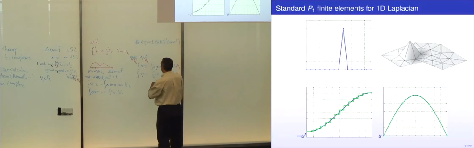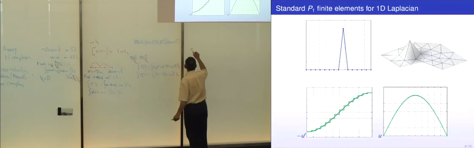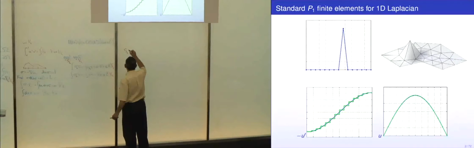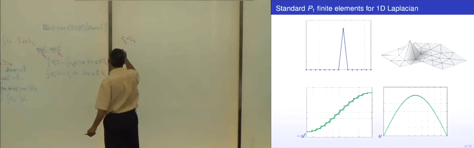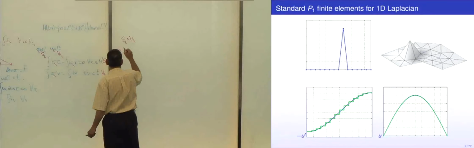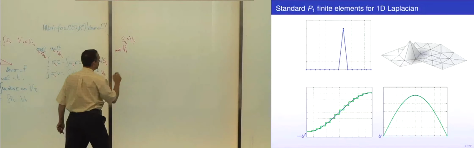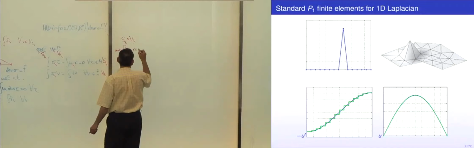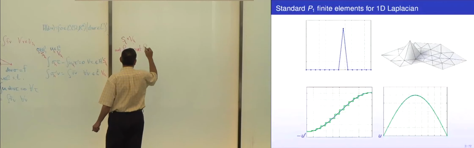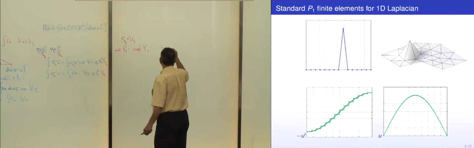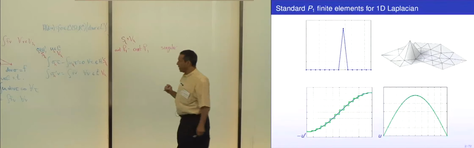So if I take SH and VH to be continuous P1 piecewise linears for both things, then I get a singular matrix on the 1D example.